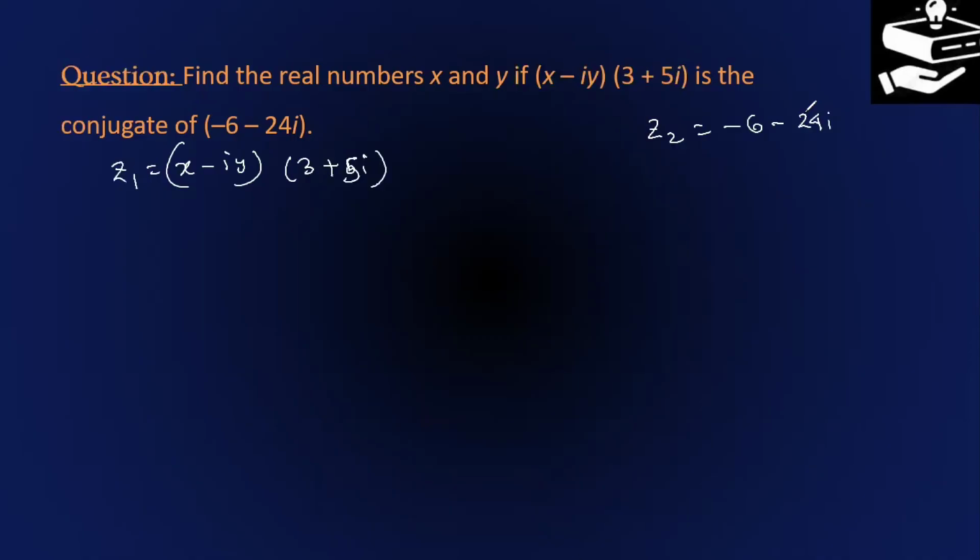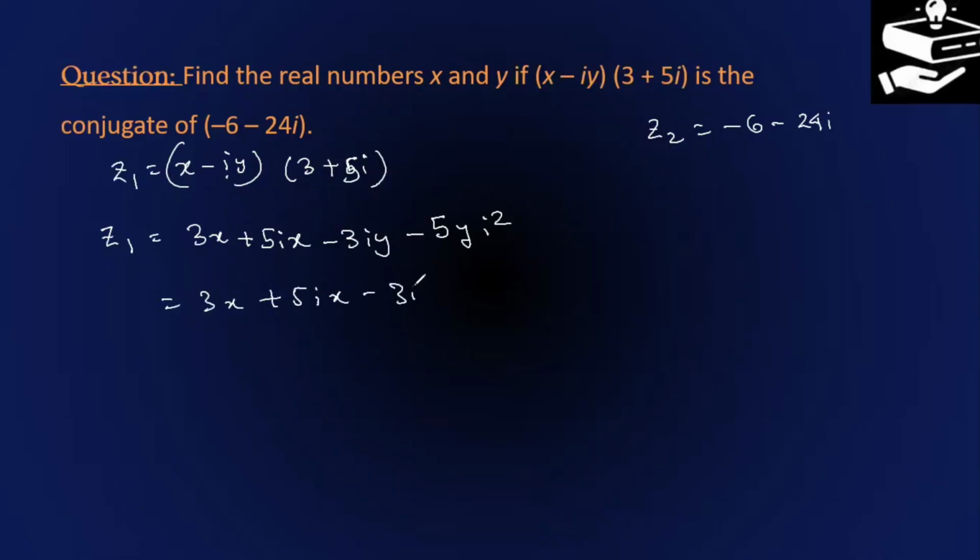Now from here, let's make this in the standard form. If we multiply, I will be getting 3x plus 5ix minus 3iy, then minus 5y i². Now i² is minus 1, so it will become 3x plus 5ix minus 3iy plus 5y.